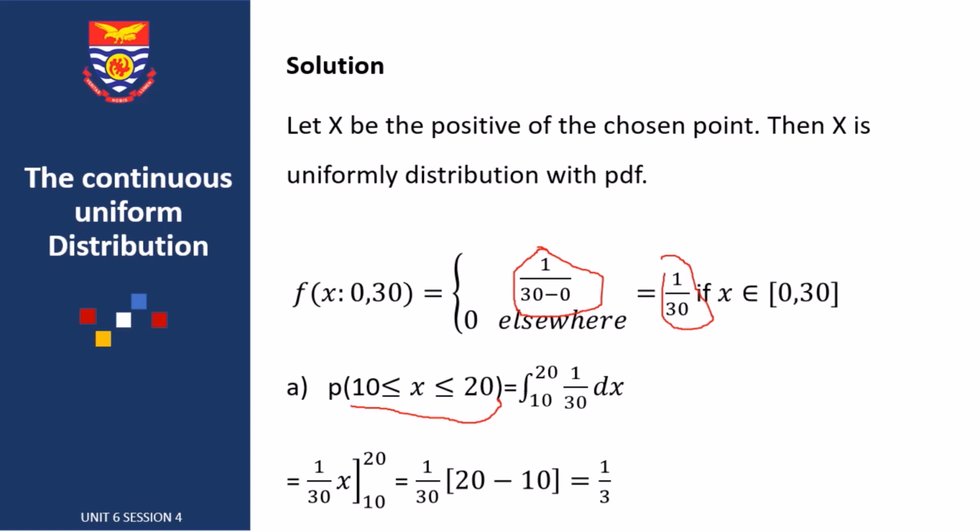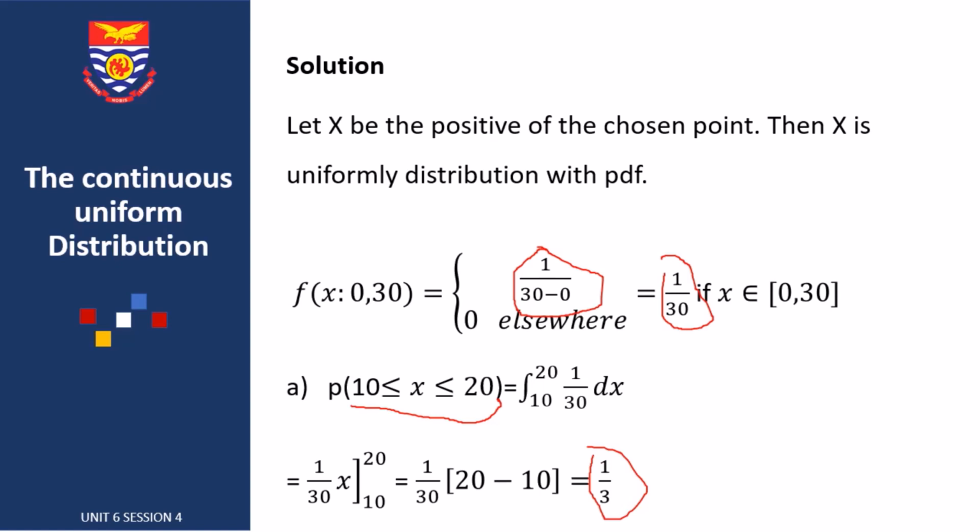We get x over 30, and putting in 20 as the upper limit and 10 as the lower limit, our final result is 1 on 3. Perfect. Quite simple, right, with a continuous uniform distribution.